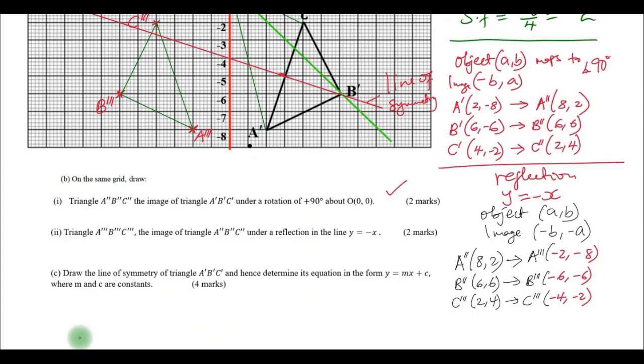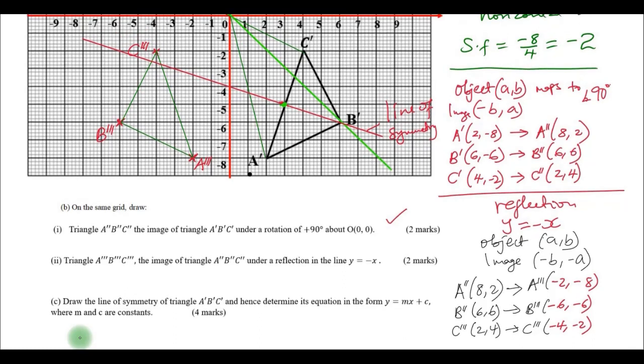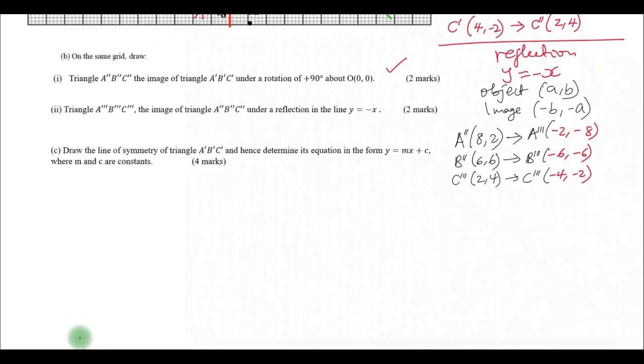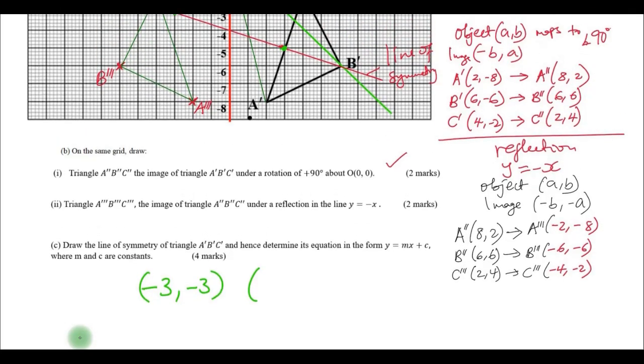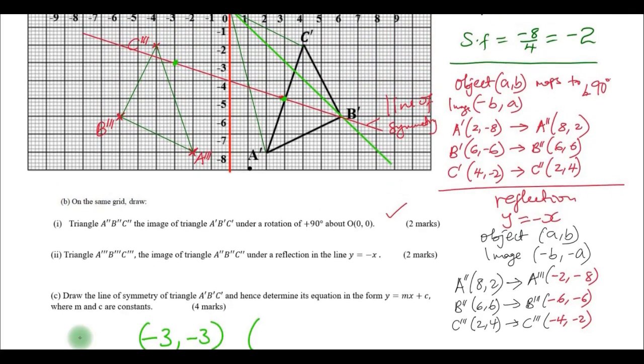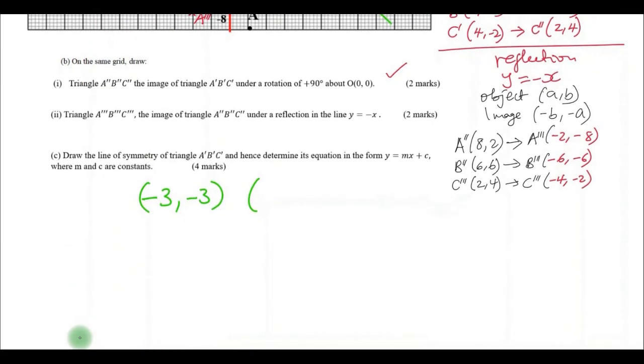Now, in that case, we can choose at least 2 points. So I can have this point here, and also another point, maybe this point here. So I have (-3, -3) and another point I've chosen (3, -5).